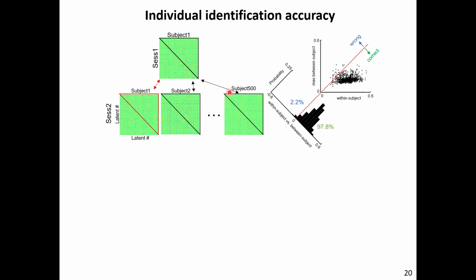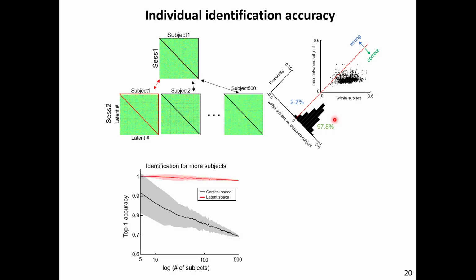What we observed is that the accuracy of this identification is almost 97% among 500 subjects. We then want to compare the cortical space and the latent space. The cortical space here is ICA. You can see that if we increase the number of subjects for identification, the accuracy goes down very rapidly.